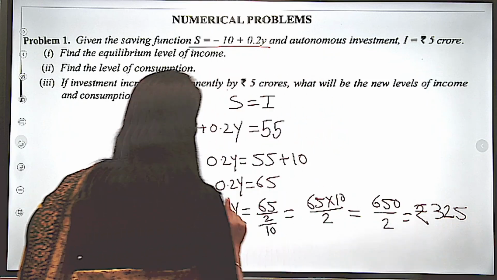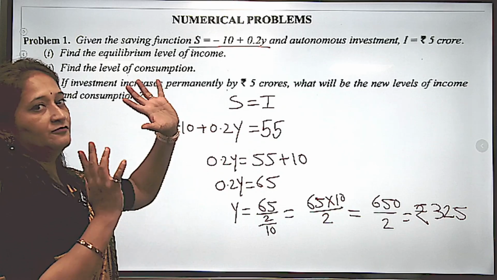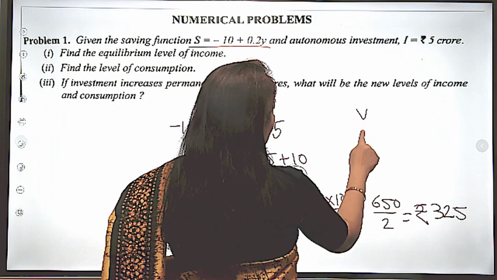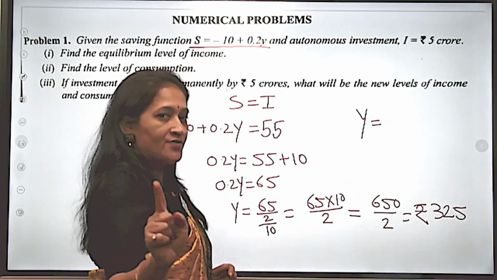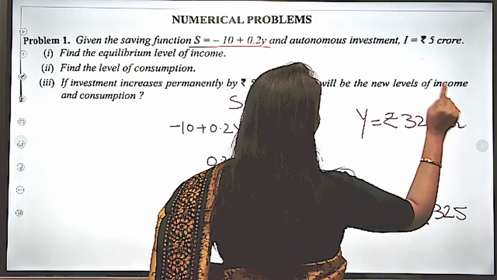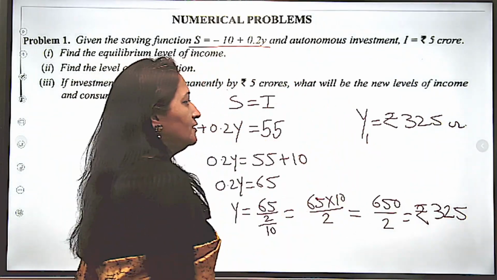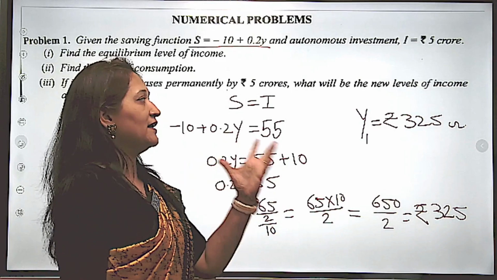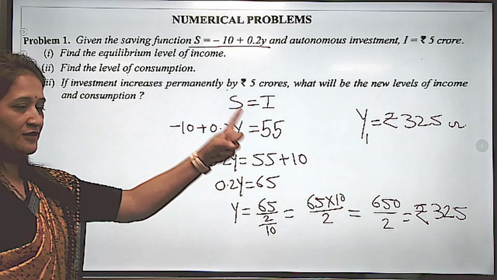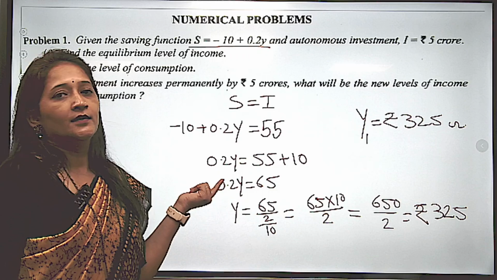So students, with new investment of 55 crore, the equilibrium level of income of the country has now increased from 300 crore to rupees 325 crores. Clear? Now with this new income, let us say Y1, let us find out the equilibrium level of consumption. For that, first take a screenshot of this or quickly copy down what I have solved here.